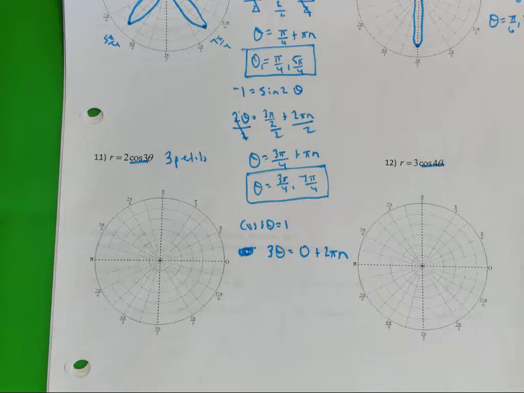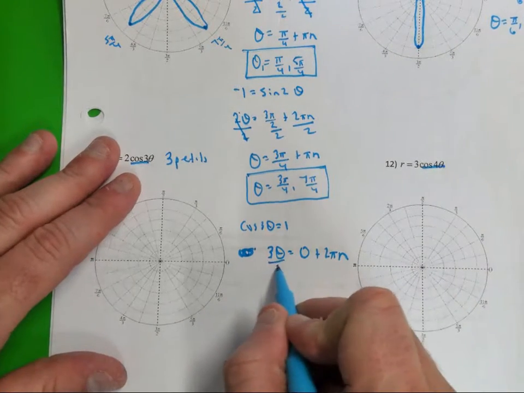Divide by. Once you do that, you get this. You got to divide everything by 3.